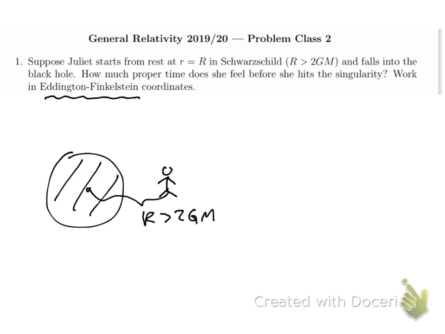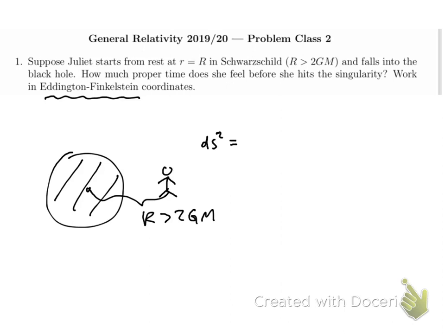All right, so how do we set up this problem? Well, the first thing we should do is remind ourselves what Eddington-Finkelstein coordinates are. So we look back in our notes, and let me remind you about some equations.